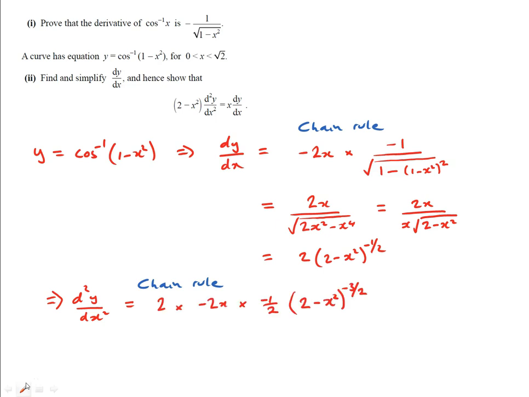So the chain rule is going to give me 2 times by minus 2x times by minus a half times 2 minus x squared to the minus 3 over 2. And if we tidy that up, we've got 2x times 2 minus x squared to the minus 3 over 2.